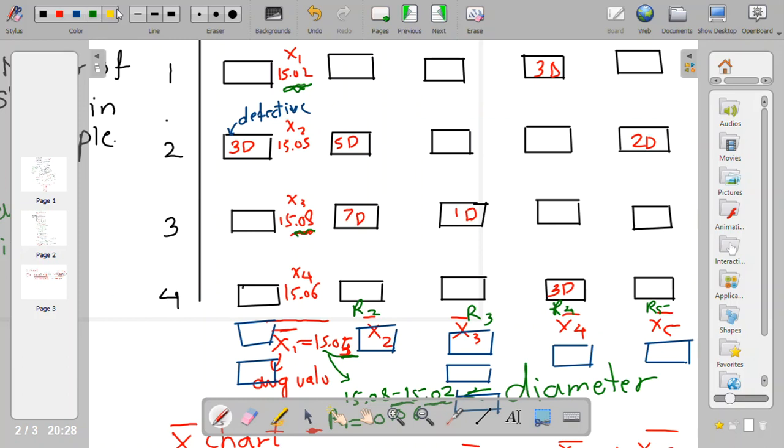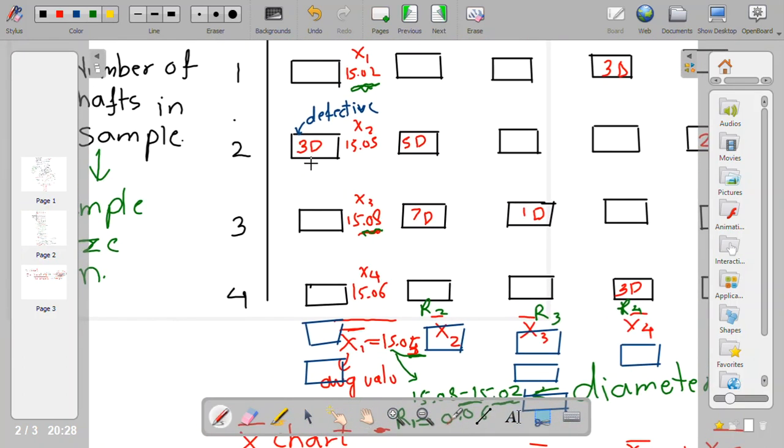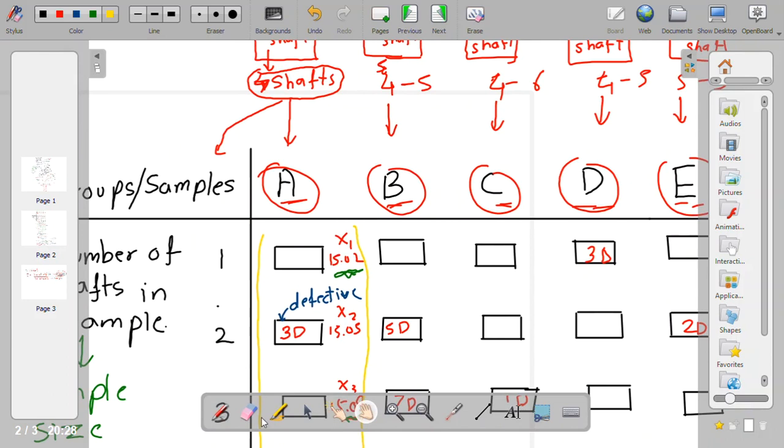Okay, in C chart, whatever data we are considering is only for one lot, so only for one subgroup. For each subgroup a different U chart will be there.